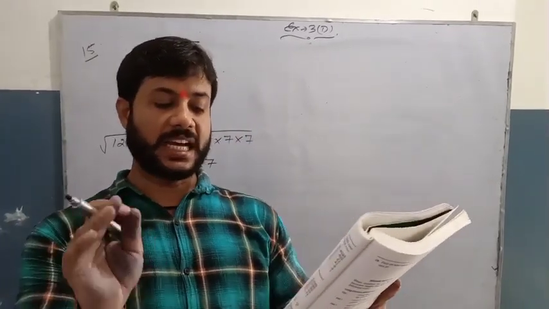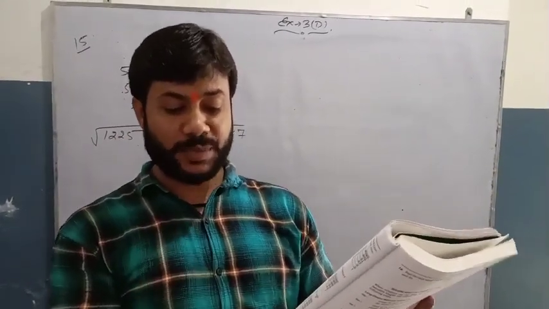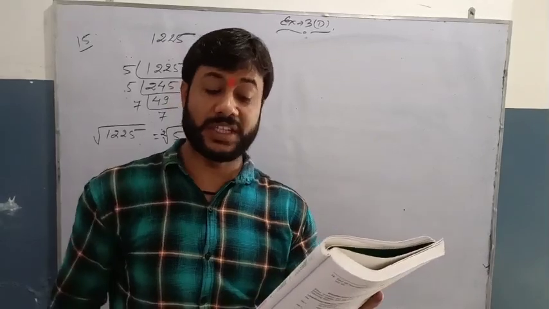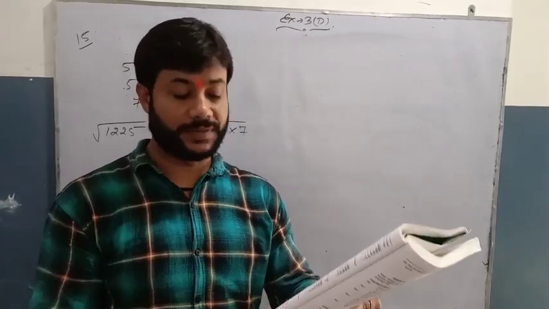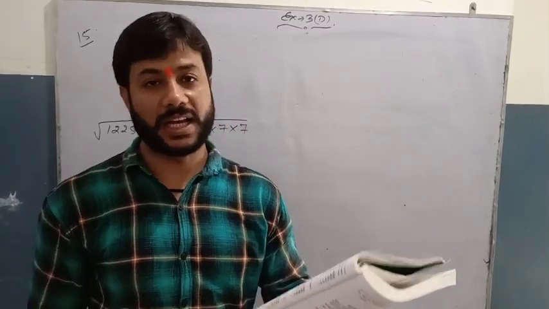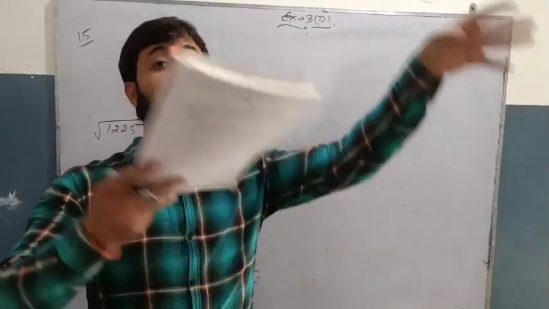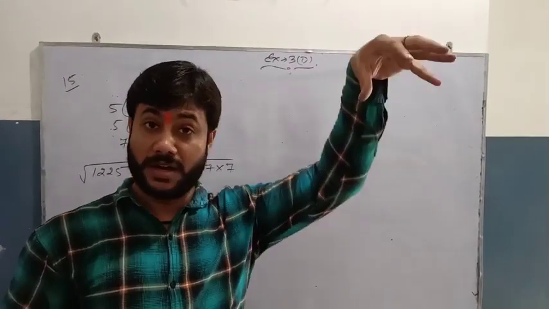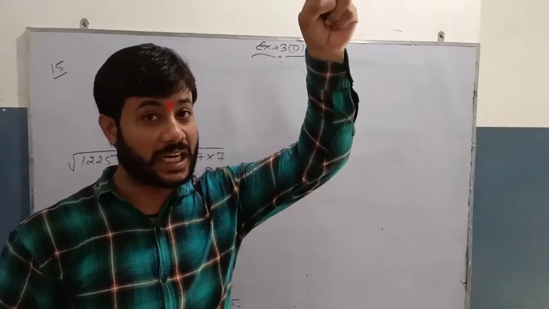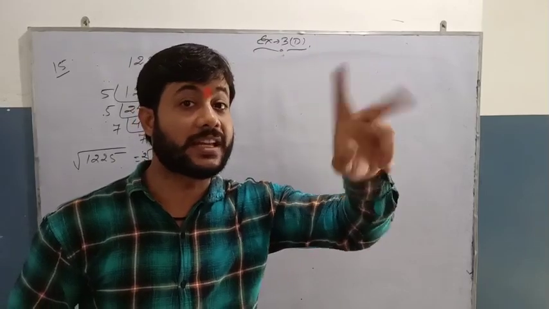Now we will move to question number 16. The students of a class arranged a picnic. Each student contributed as many rupees as the number of students in the class. If the total contribution is 1156, find the strength of the class. The number of students is equal to the participation of each student. Both are the same.